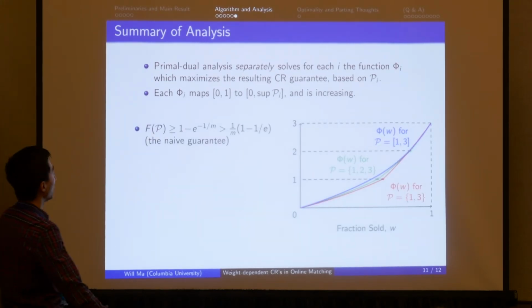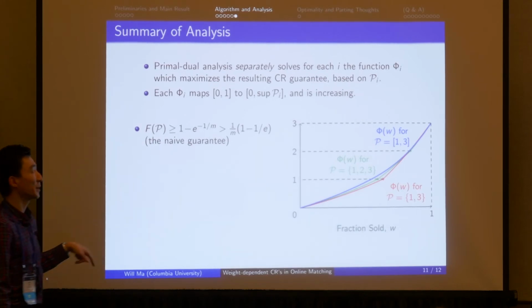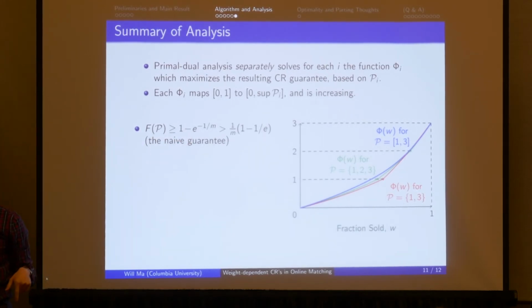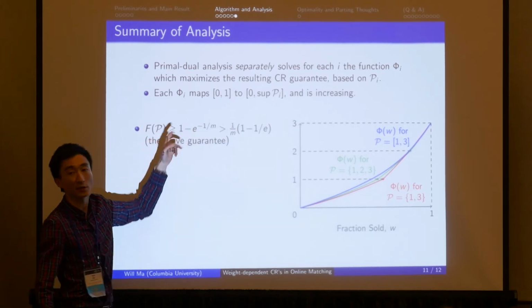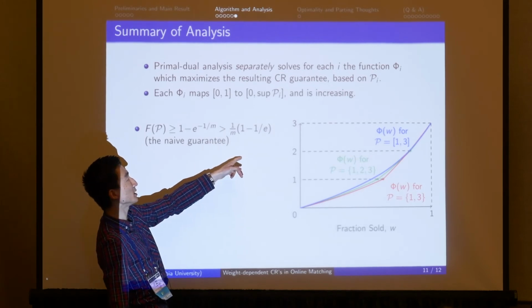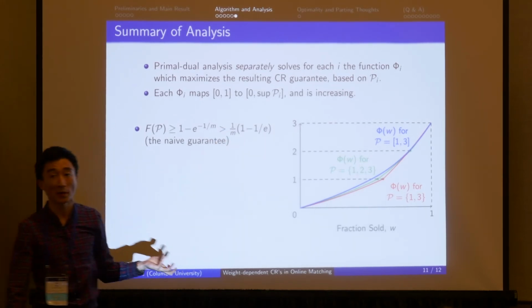A few more remarks. The constant f of p is always greater than 1 minus e to the minus 1 over m, if m is the number of prices in the price set. For example, if m is 2, then the guarantee is at least 1 minus e to the negative 1 half. Note that this is better than the trivial guarantee of 1 over m times 1 minus 1 over e.